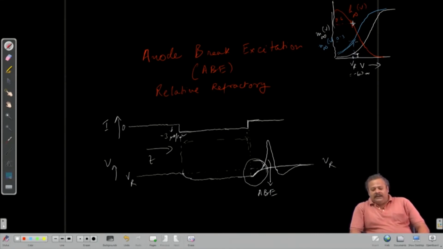So with these values of M, N and H, which essentially implies a certain probability of sodium channels and potassium channels being open, these values provide the equilibrium condition where the net current is 0.